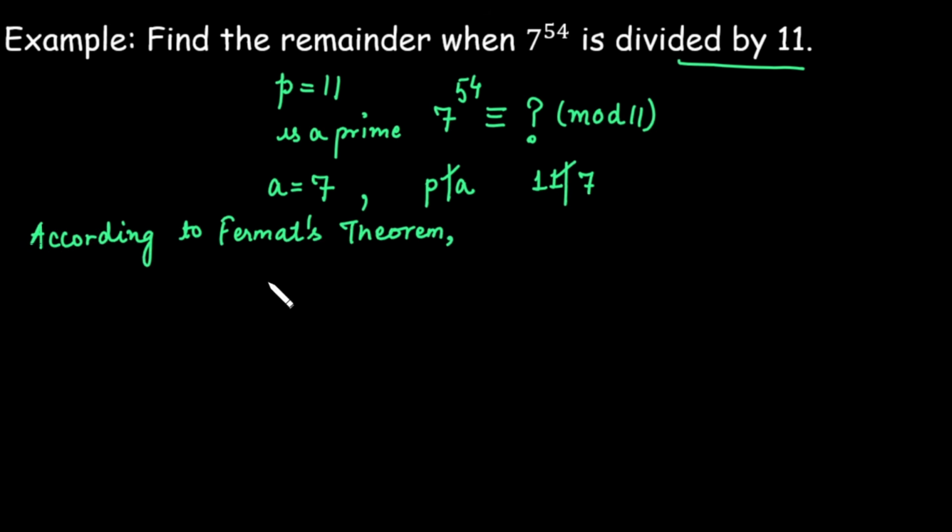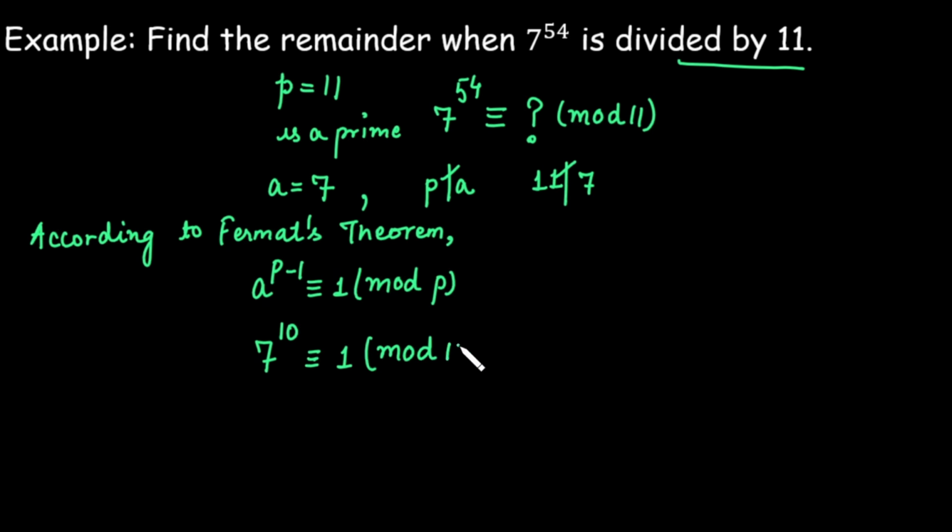So according to Fermat's theorem, A raised to power P minus 1 is congruent to 1 mod P. So A is 7, 7 raised to power P minus 1, that is 10, is always congruent to 1 mod 11.